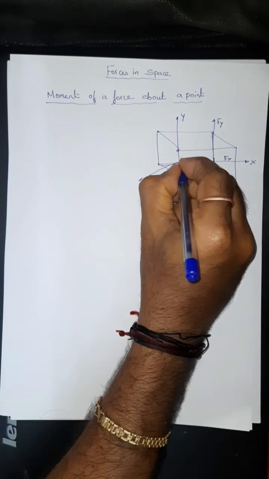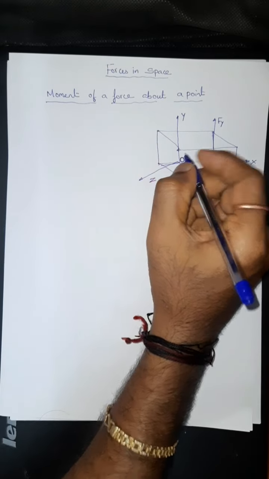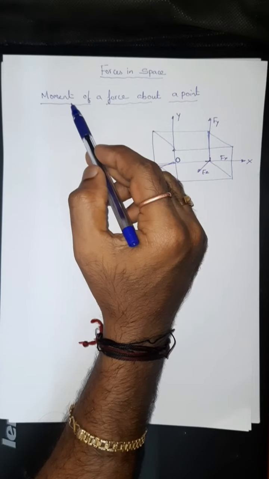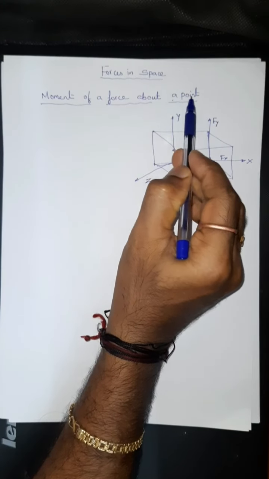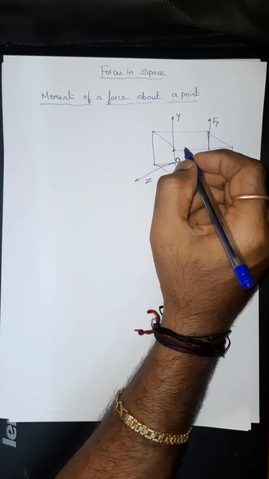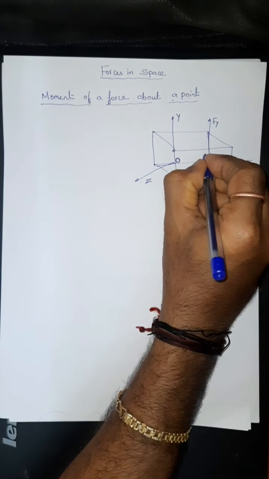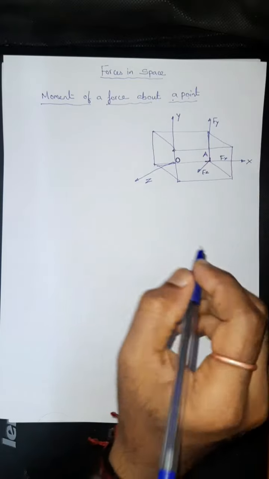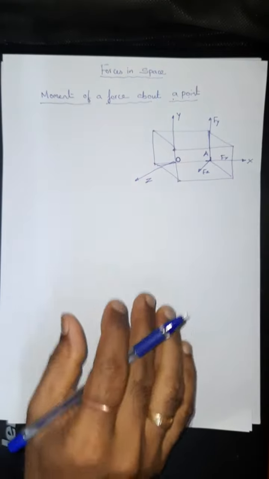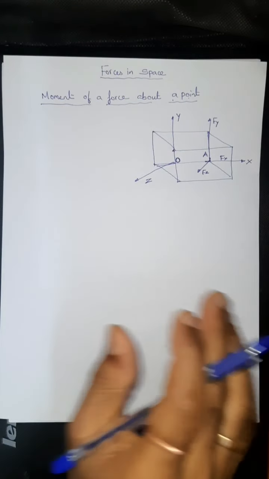So this is the origin. Here in the chapter Forces in Space, the moment of a force about a point. Let me take this point as A. This is the origin. Now let me explain.